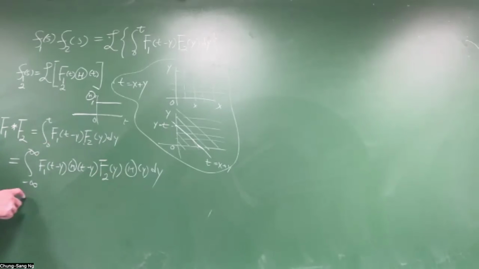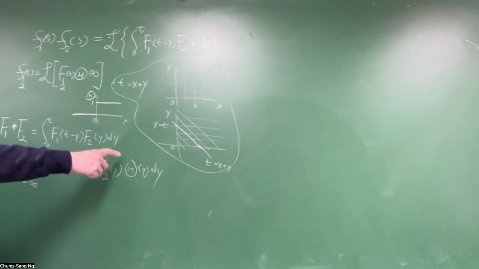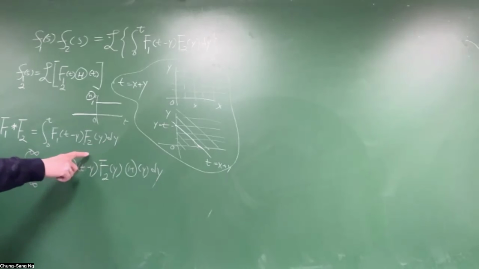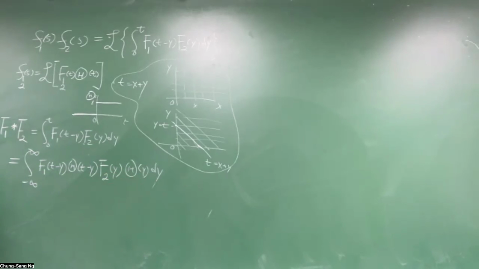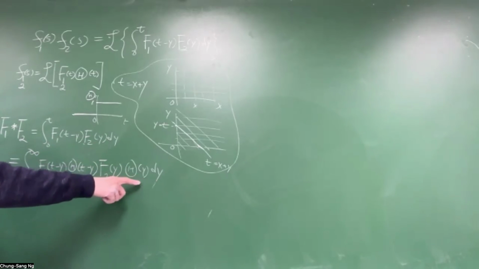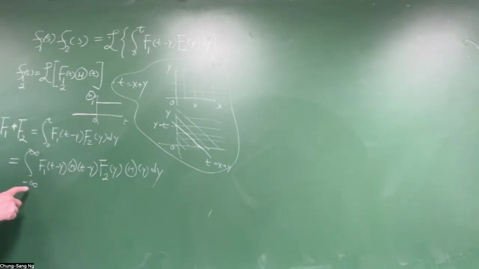You can check that. For negative y, the theta function of y here will make the integral 0. It will get rid of all the negative y. So although you integrate from minus infinity to infinity, all the negative values contribute zero to the integral, so effectively the lower limit changes back to 0.